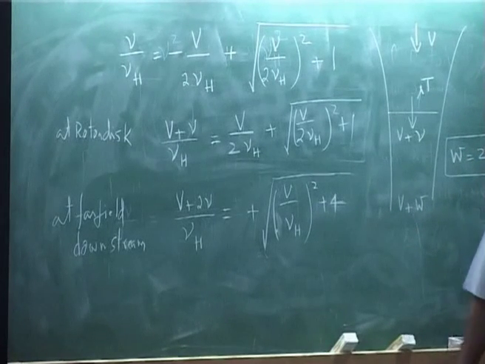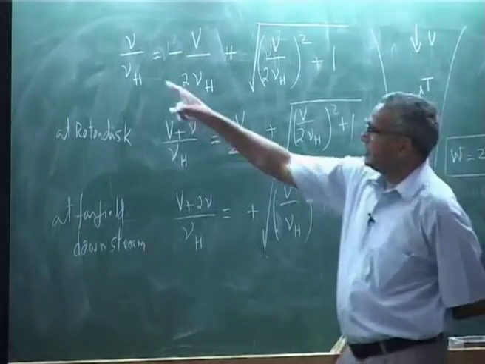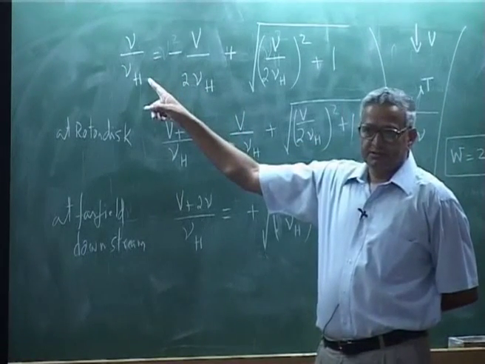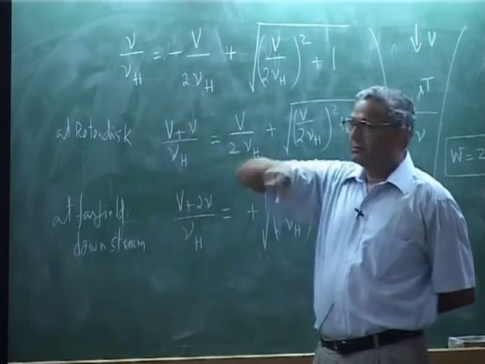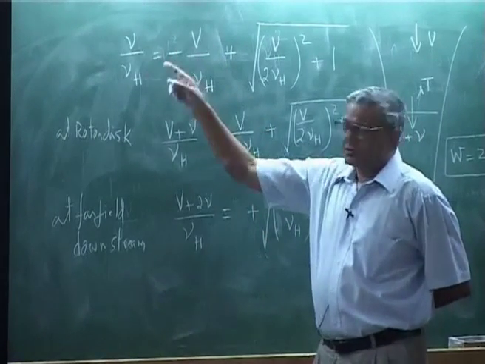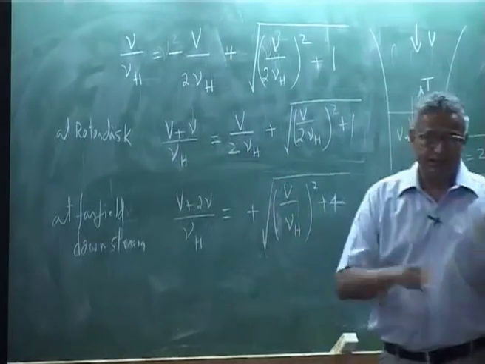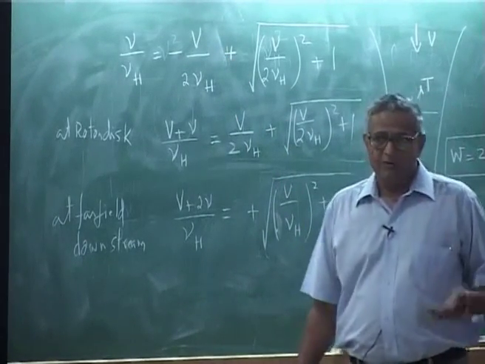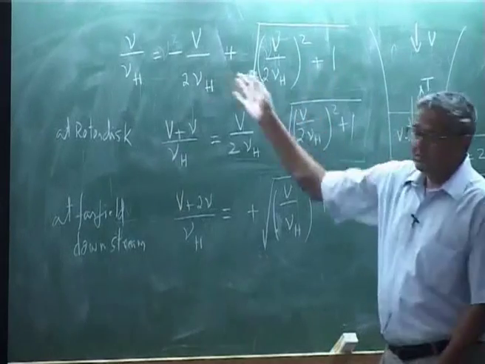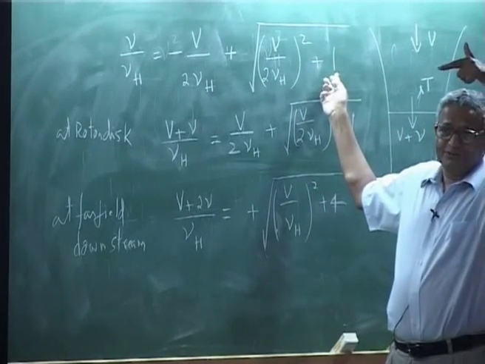Okay. Now, you see, when we plot, you can plot nu over nu H on the y axis and V over nu H on the x axis. When V is 0, you will get the value 1 for inflow.